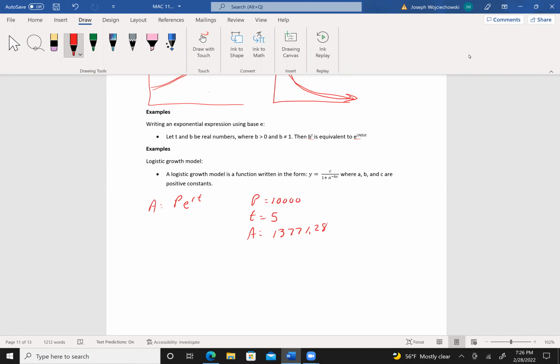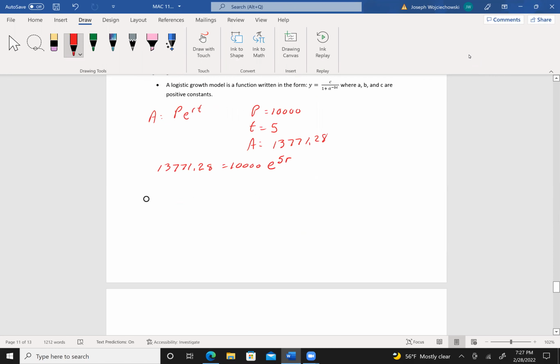So here's what I know. 13,771.28 is equal to 10,000 times e to the 5 times r. First thing I can do is divide by 10,000, which gives me 1.37728 is equal to e to the 5r.